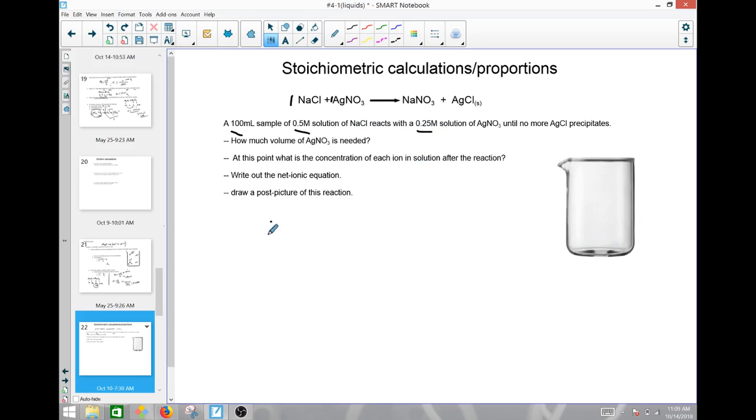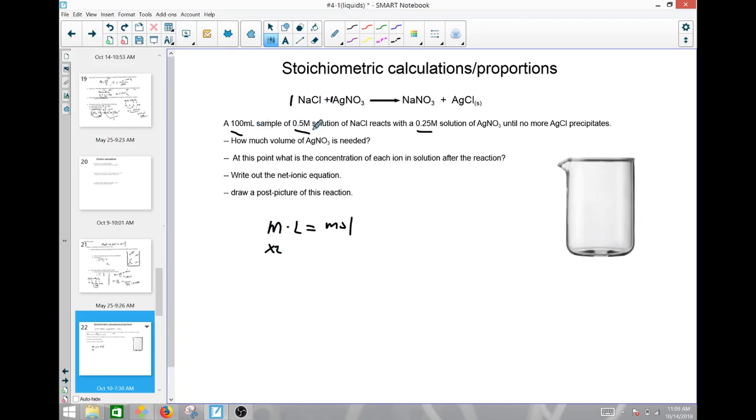So keep in mind, molarity times volume in liters equals moles, and that's an important proportion to remember. If I double the volume, I double the moles, or if I double my concentration, I double my moles.